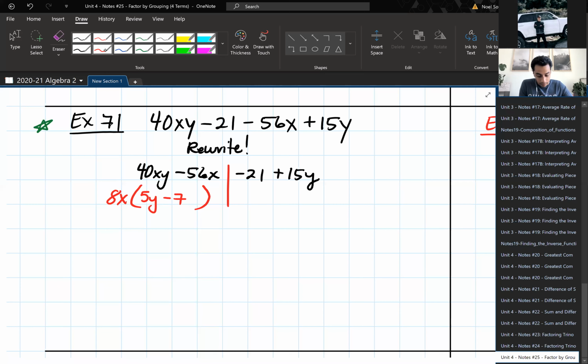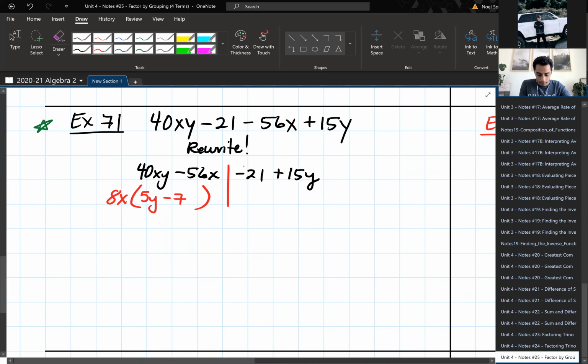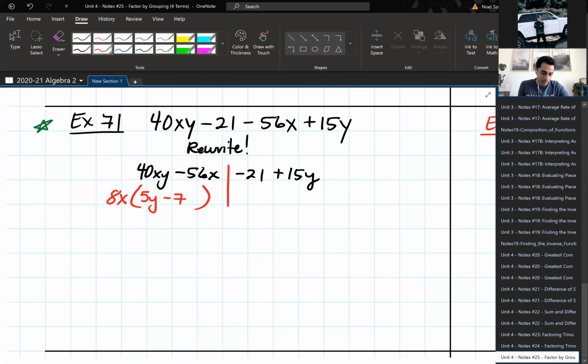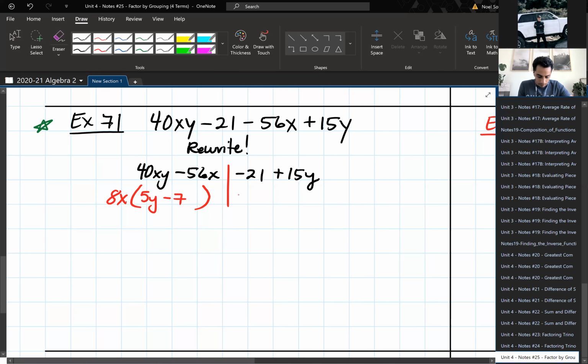What could you factor out of those two? If I'm thinking of 21 as my leading term, then I should probably factor out a negative. So if I factor out a negative 3, what's left over?